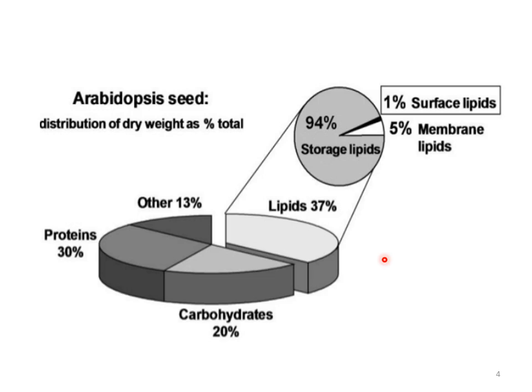So seeds serve as the storage house, and due to this reason the surplus food gets stored in the form of lipids. So the concentration of lipids in the seed is higher as compared to the carbohydrates, and here you can see the clear difference, almost a 1:2 ratio.